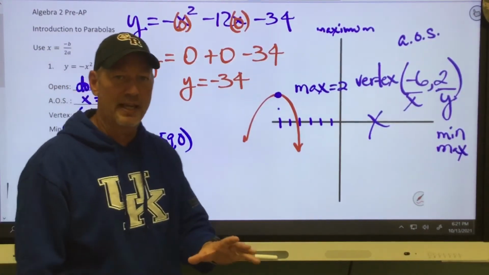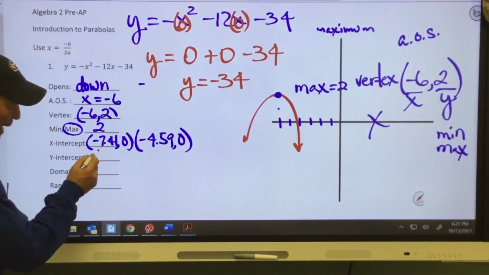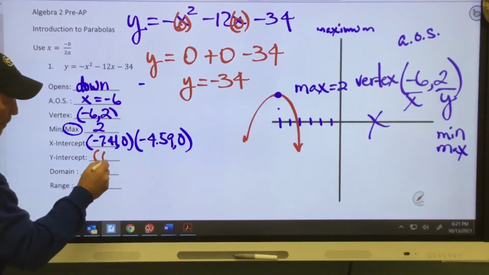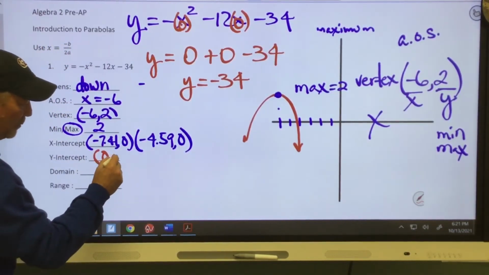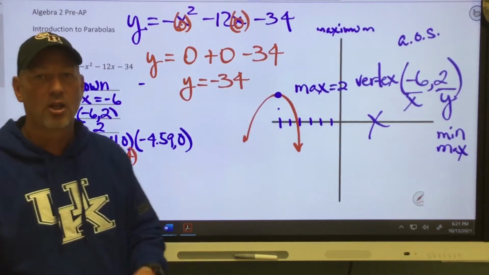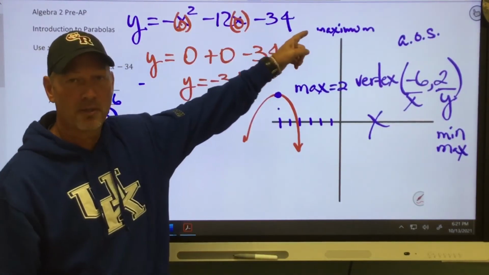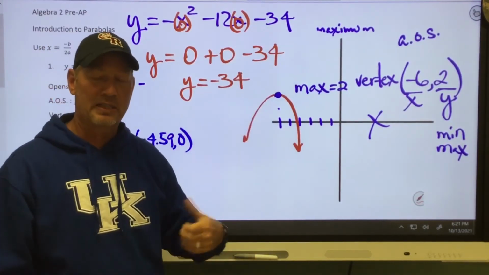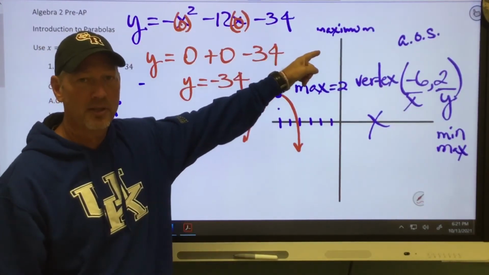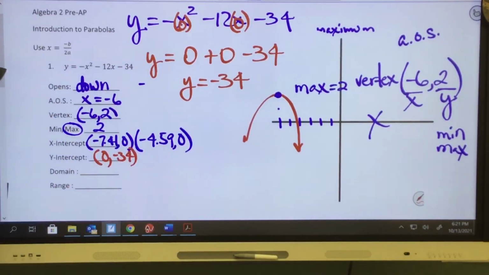So what we're saying, when you find the Y-intercept, is when my X value was 0, my Y value ended up being -34. Long story short, it's always going to be the back number. When you're in standard form and you substitute the zeros, it's going to be whatever the back number is, no matter what. Okay? So there's my Y-intercept.